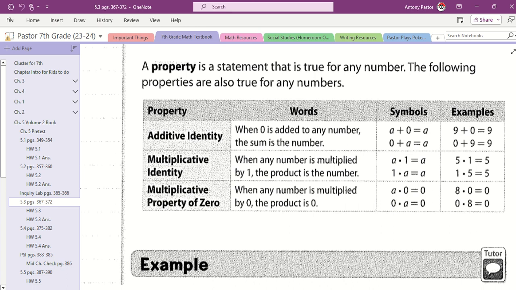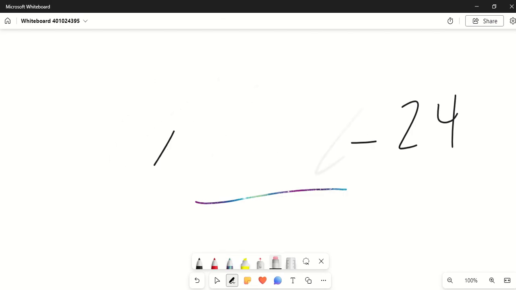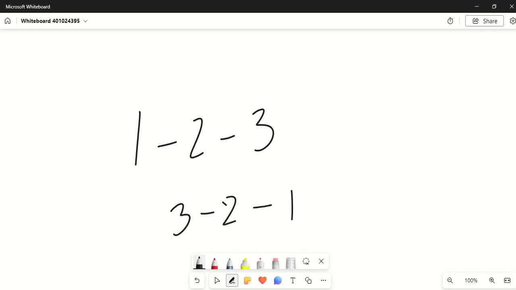It's true. If I said the commutative property applies to subtraction, so say I say 1 minus 2 minus 3 is the same thing as 3 minus 2 minus 1. The order in which we subtract does not matter.